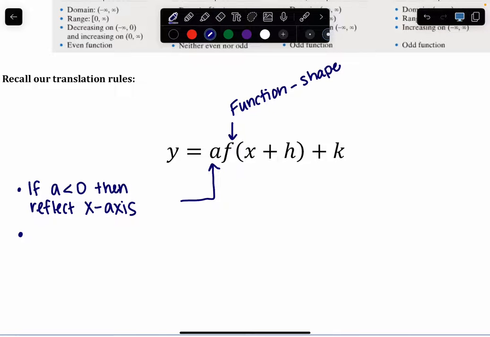Then we also have our vertical stretch and shrink. If the absolute value of a is greater than 1, so if you multiply something by 2, are you stretching it, making it bigger, or shrinking it, making it smaller? Bigger. So this is going to be a vertical stretch.